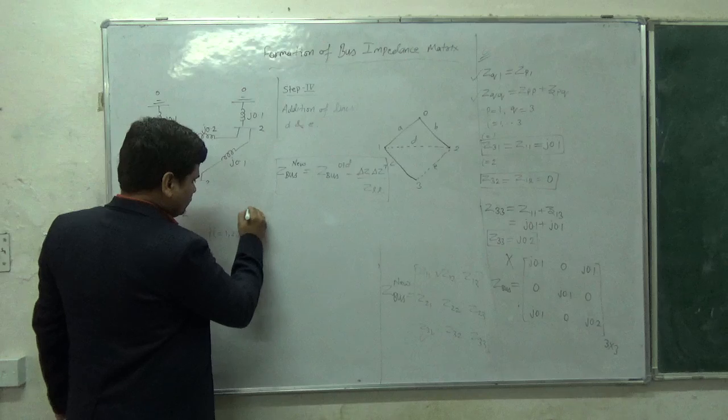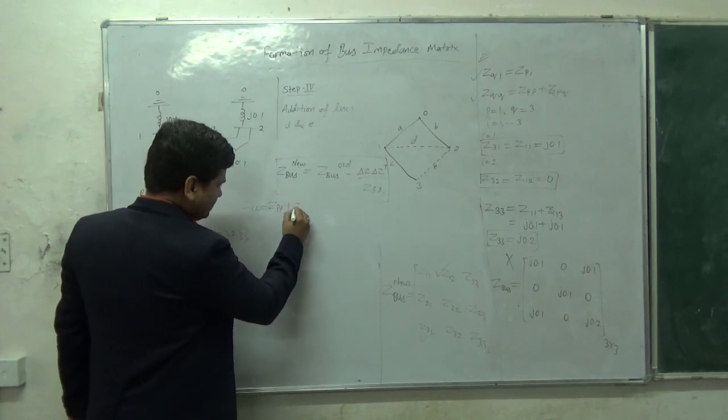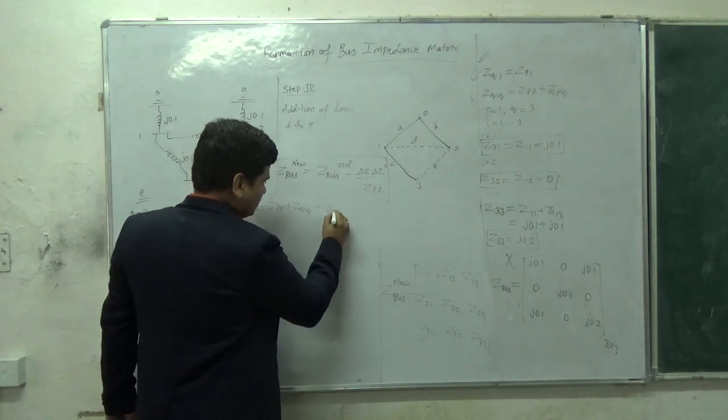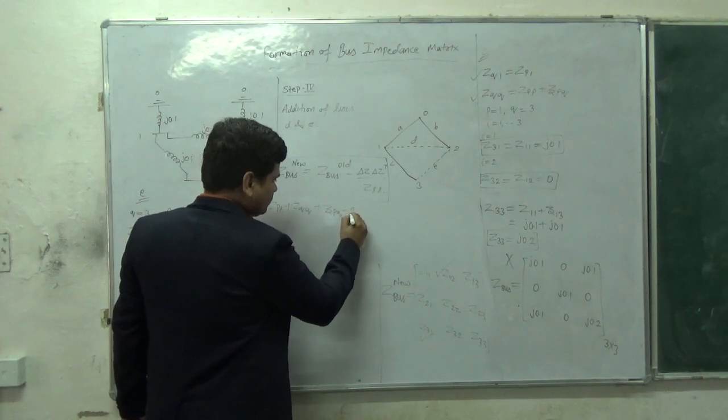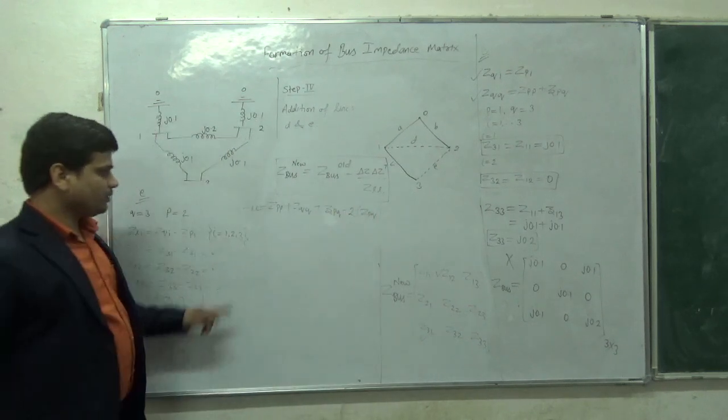ZLL is what? ZPP plus ZQQ plus small zpq minus twice of capital ZPQ.